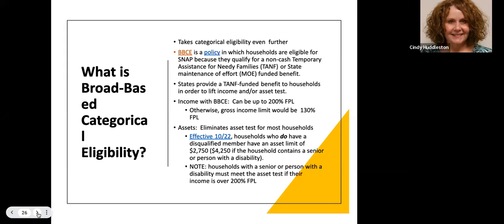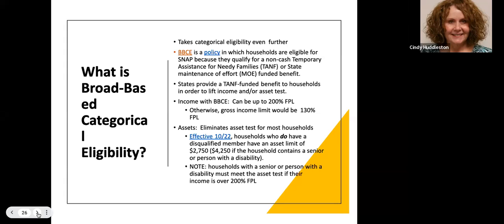But under broad-based categorical eligibility, SNAP allows states to waive the asset limit and increase the gross income threshold to greater than 130% of poverty, just by providing applicants with a benefit funded by TANF.